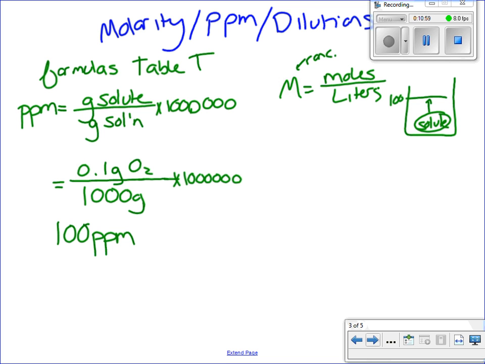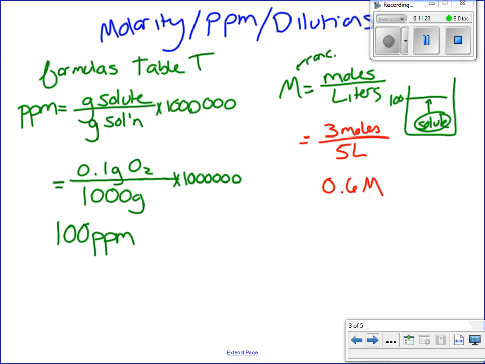Let me change colors. If I'm solving for molarity, and I say I have 3 moles in 5 liters, that's just how you plug it in. And then your answer, which is 3/5, or 0.6, is in units of big capital M or molar, okay?